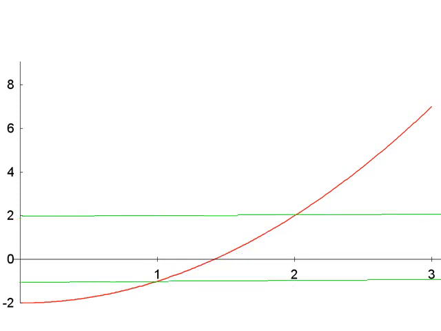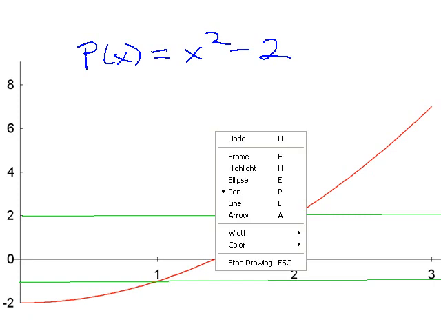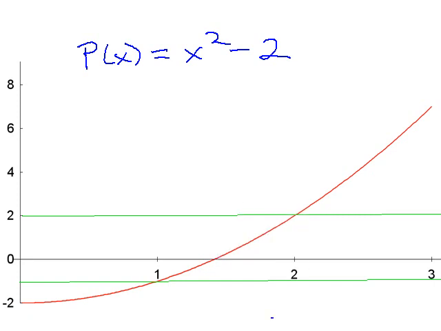For this particular function, I should tell you what it is. It's p of x is x squared minus 2. Then I have found here two values of x. One, x equals 1, and when x is 1, this polynomial is 1 squared minus 2. It's negative 1, so it's less than 0.